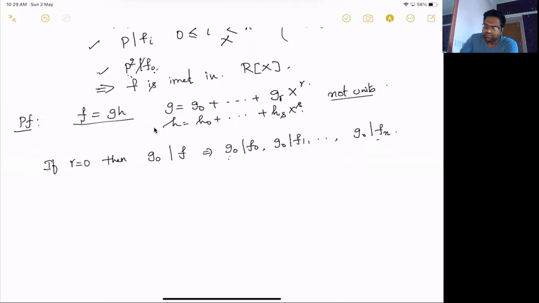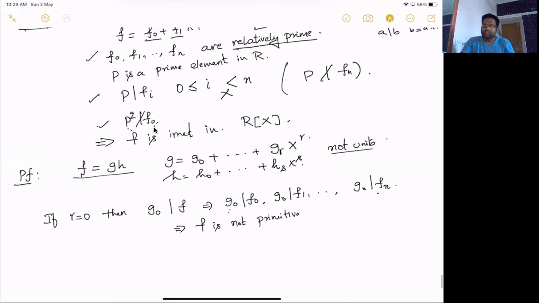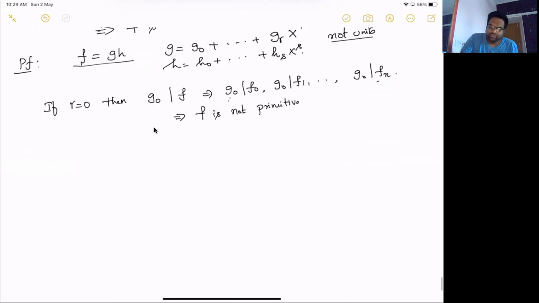In particular, this implies that F is not primitive. But that is contrary to the first assumption. And therefore the degree of G is at least 1, and similarly the degree of H is at least 1.